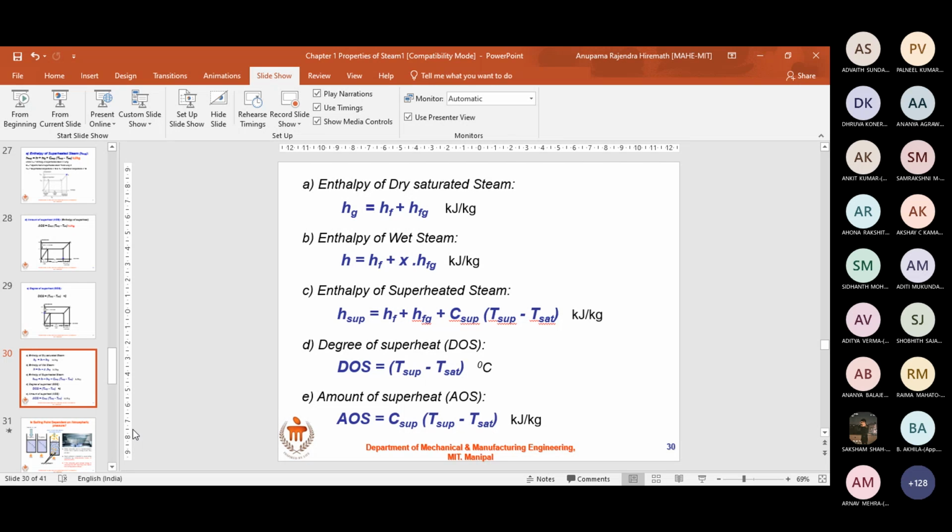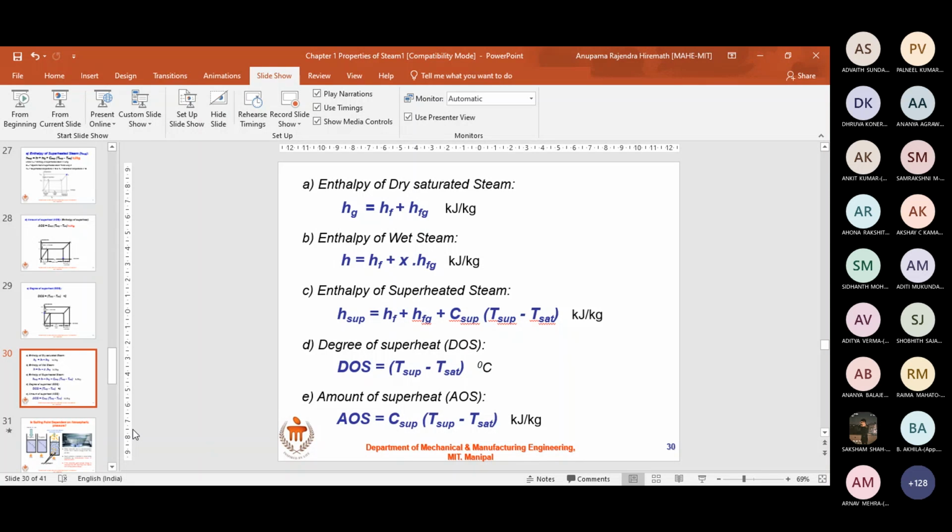So I will take that topic in the next class, and in the next class we'll also be taking up the numericals. For the next class, I will be sharing the soft copy of the steam tables in the Teams. You need to refer to the steam tables. You require a scientific calculator to calculate and put the values.